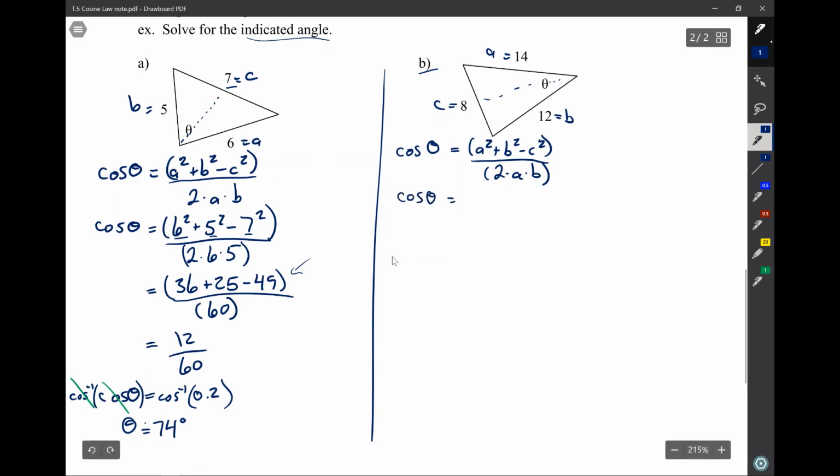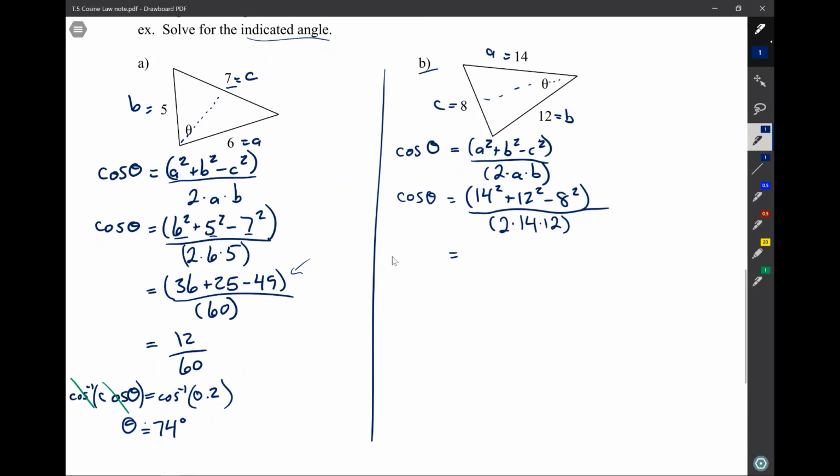So the cosine of theta equals A squared, which is 14 squared, plus B squared, which is 12 squared, minus C squared. Don't forget that minus sign, which is 8 squared, all divided by 2 times 14 times 12.